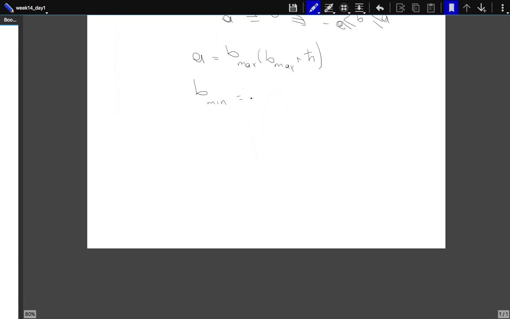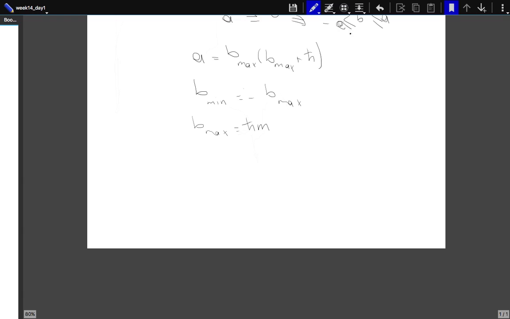We also showed that the minimum possible value of B was equal to minus B max. So for B max, we just changed its name so that we get rid of these factors of h bar.